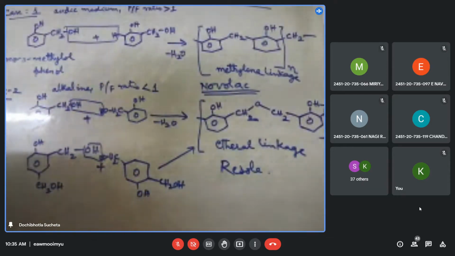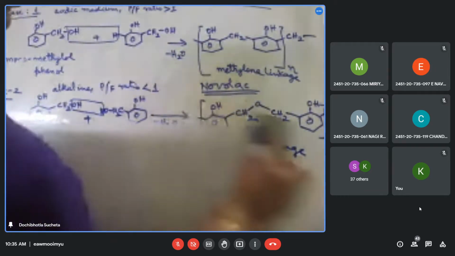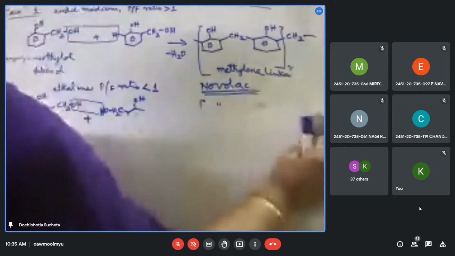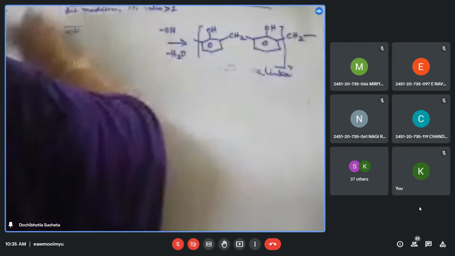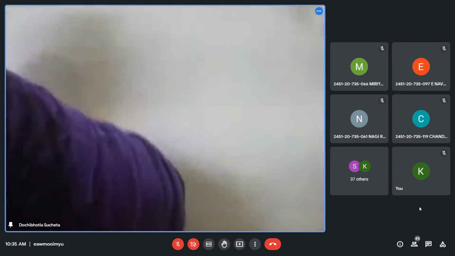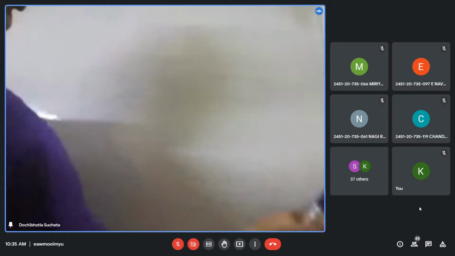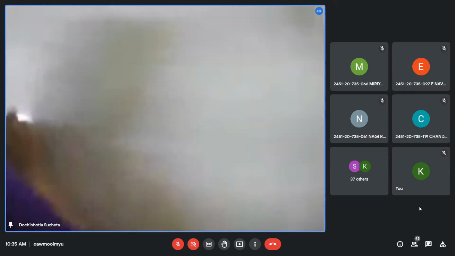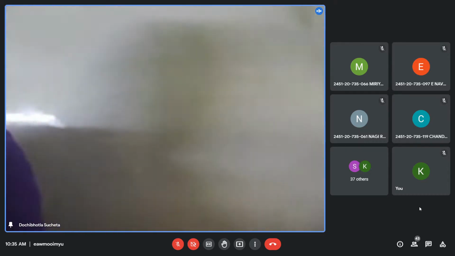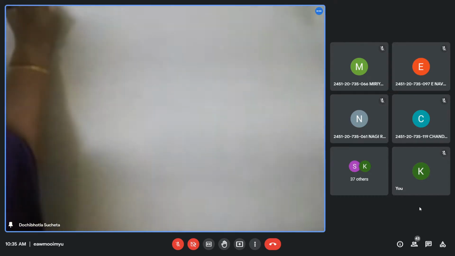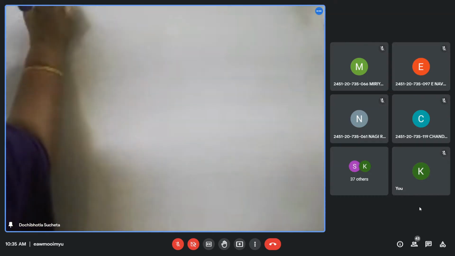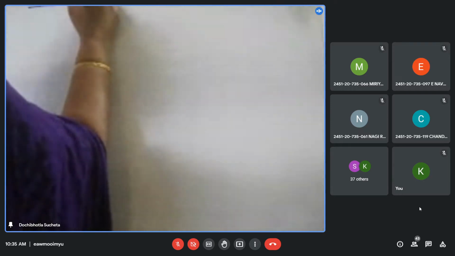Now, shall I rub the board? Now step 3: formation of bakelite.